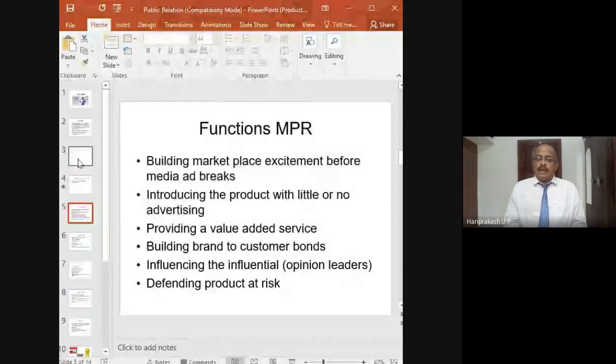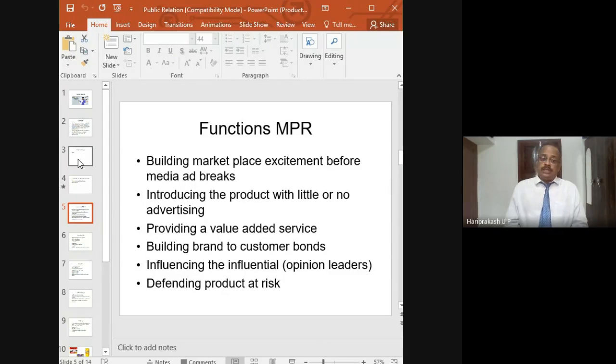Providing value for value added service. When the product or company is backed up with good public relation, there is some additional value in the minds of the customers when they are buying the product. Building brand to customer bond. A strong bond building, a relationship building activity takes place when you do good PR, public relation.